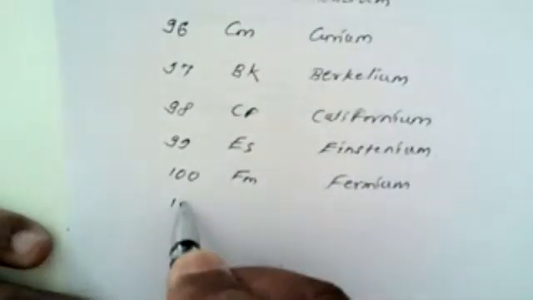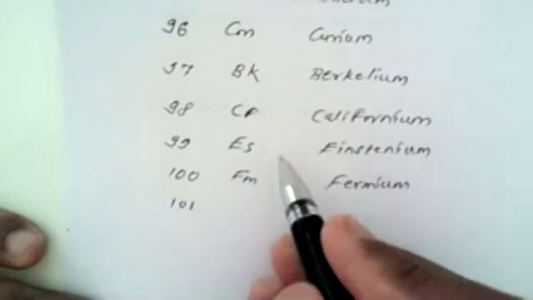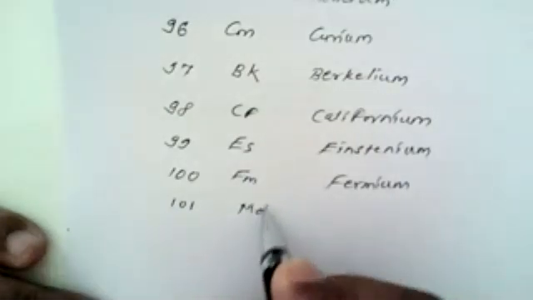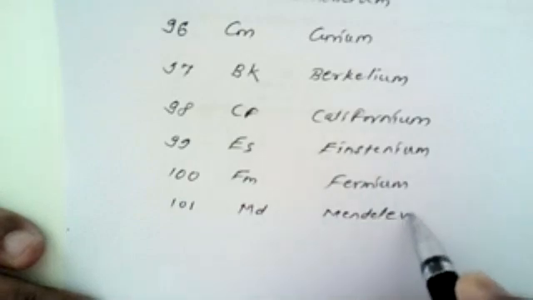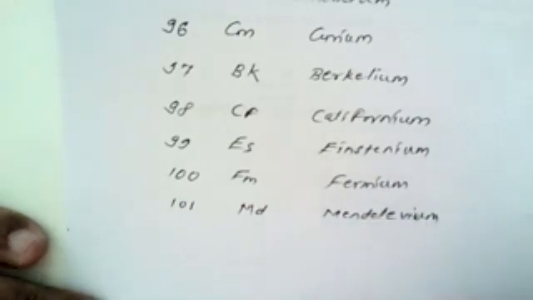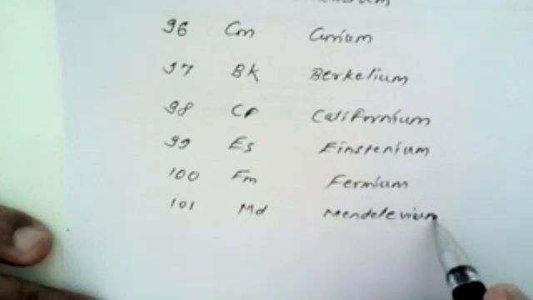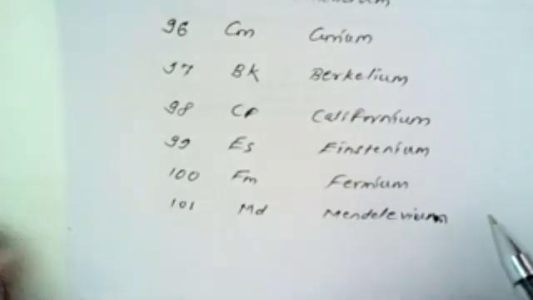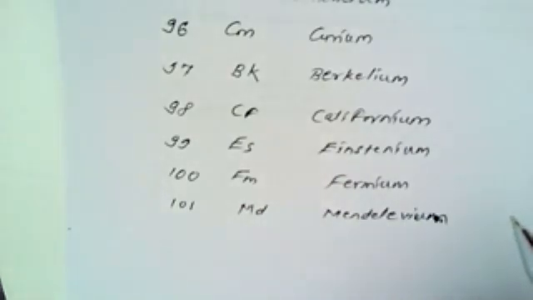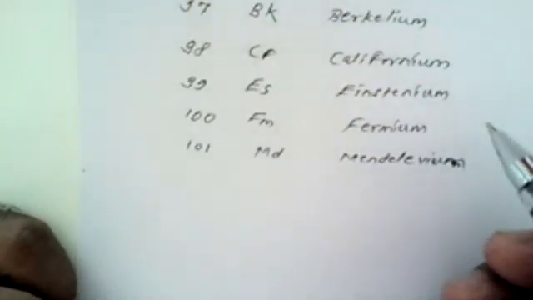Then 101, Md, name of which is mendelevium. Mendeleev is regarded as the father of periodic table, from which the name is derived as mendelevium. Why is he regarded as the father of periodic table? Because of his countless contribution in the building of periodic table.